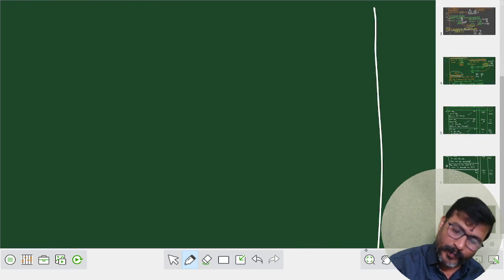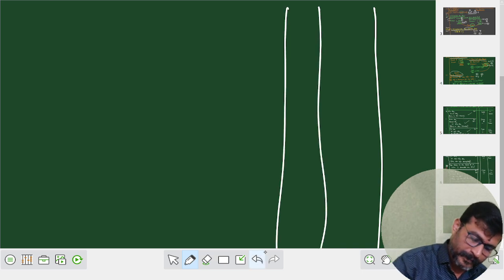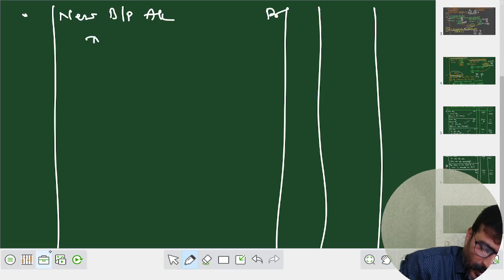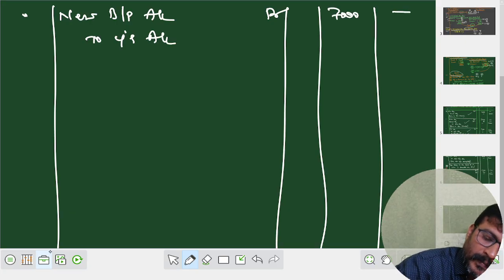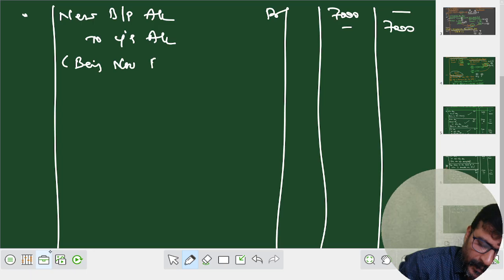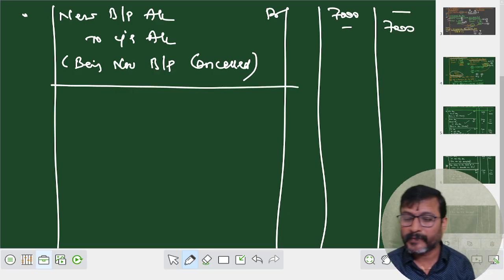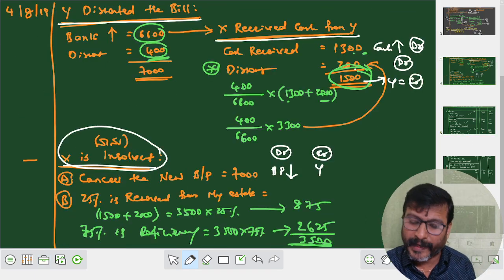What entry we have to pass? Same date. New bills payable account debit to Y's account 7,000 dash 7,000. Being new BP cancelled. Okay. After cancellation, what happened?